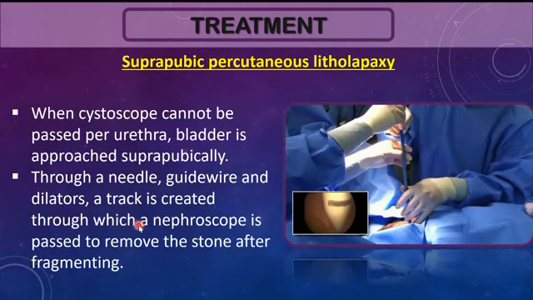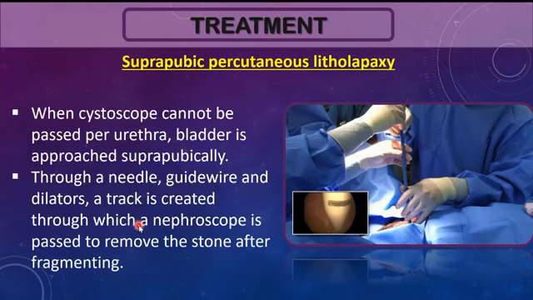What about suprapubic percutaneous litholapaxy? This is the same as suprapubic cystolithotomy, but in suprapubic cystolithotomy we make an incision, dissect and retract the muscles, identify the bladder, place a stay suture and open the bladder. Here it is different. You distend the bladder. When the cystoscope cannot be passed, the bladder is approached suprapubically. The bladder is filled with normal saline and distended.